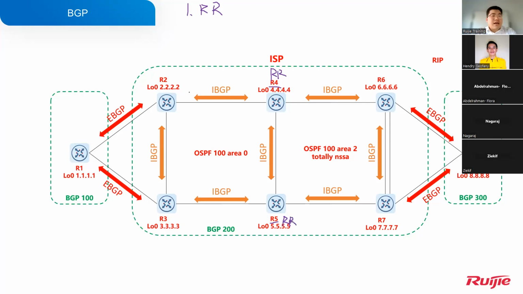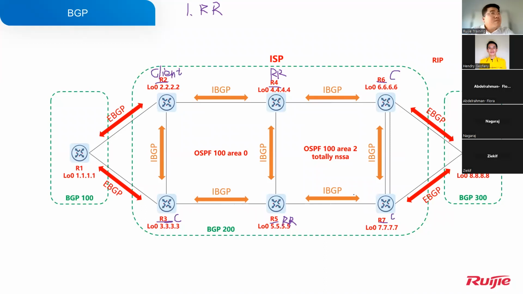Except that, R2, R3, R6, and R7, all of these four routers are the clients. Client, we use C to replace it.